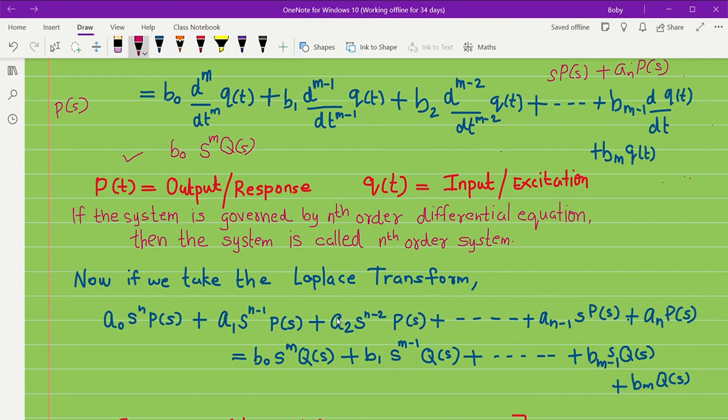So here in the left hand side, p of s is a common term, so we can take p of s outside, and also in the right hand side q of s is a common term. Let us take q of s outside.